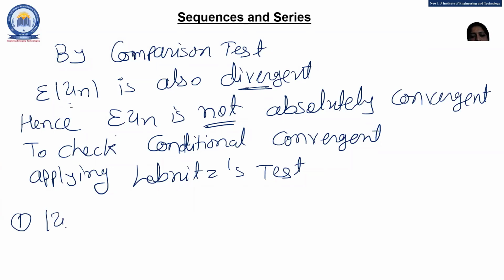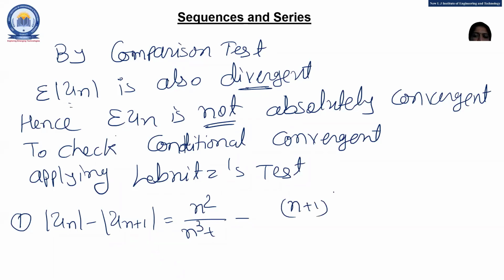What is my first condition? That is |Un| minus |Un+1|. So my |Un| is n square upon n cube plus 1, minus (n plus 1) whole square upon (n plus 1) whole cube plus 1.